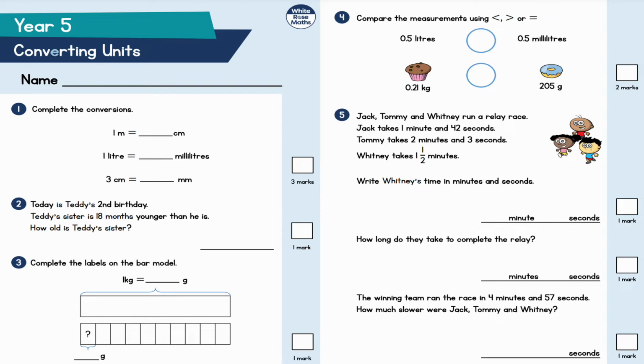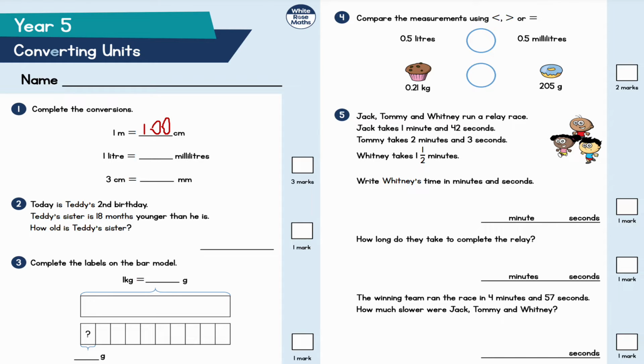Okay, this is question number 1. Complete the conversions. 1 meter is equal to 100 centimeters. These are some standard conversions that you'll be expected to know for your exams, whether it's SATs or GCSE, or even A-level maths.